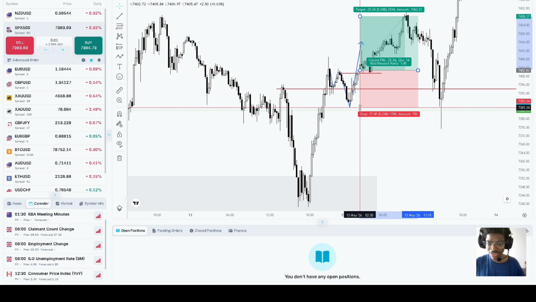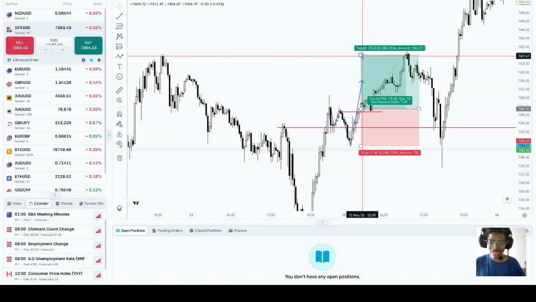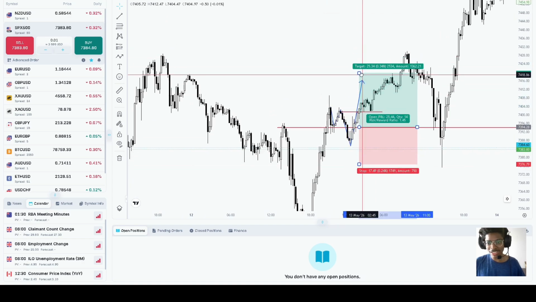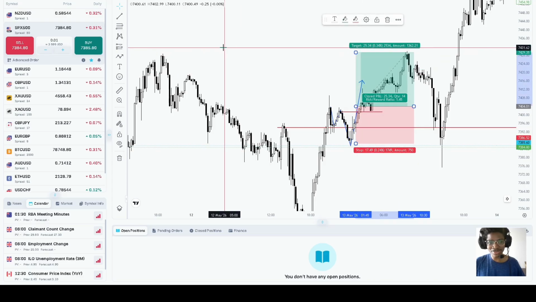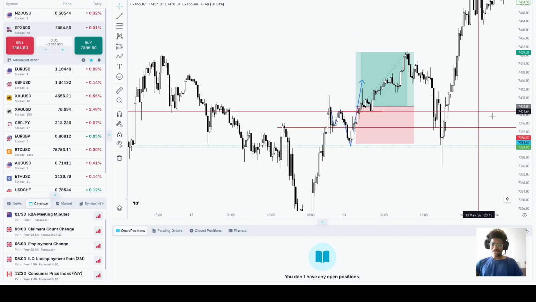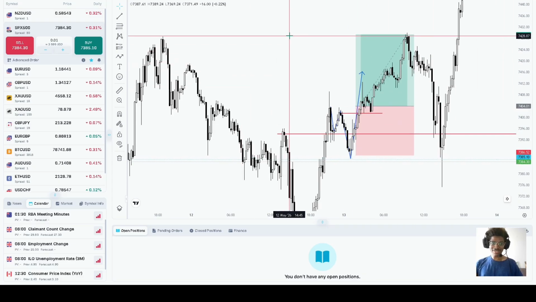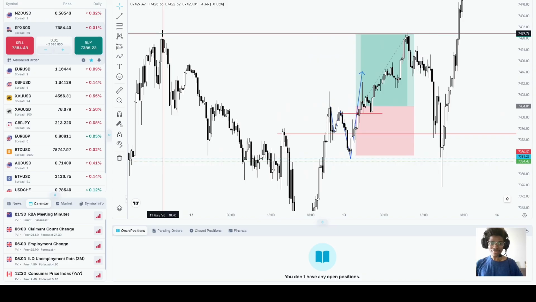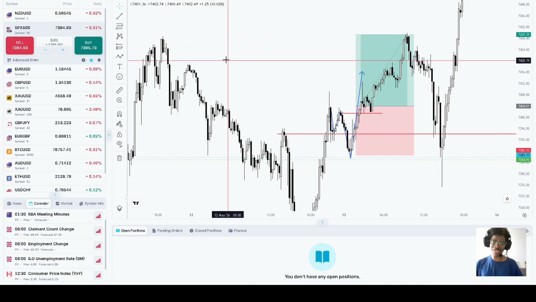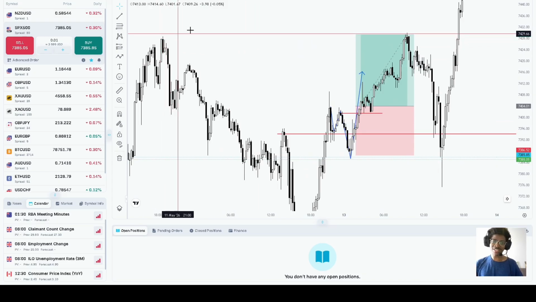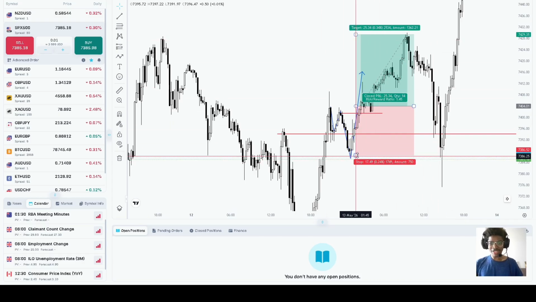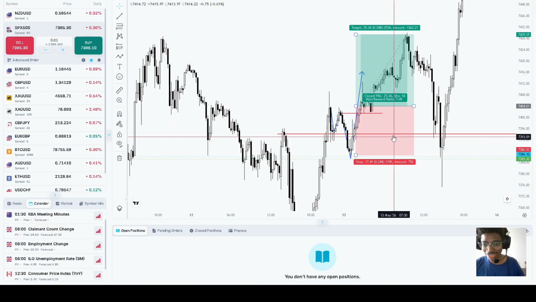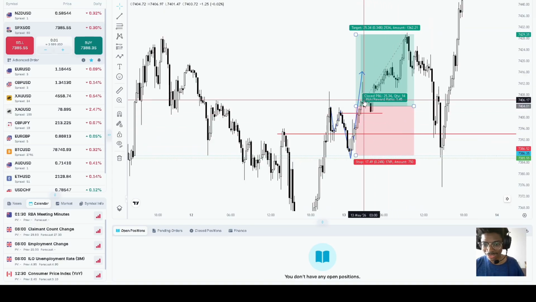Put our stop loss here. What do we target? Me, I target this, you can target this one. In this case, we're going to target this one, the opposing liquidity, because we know there are stop losses there. Put our stop loss here. Of course, in this case, price went, then came and retested this side and went.